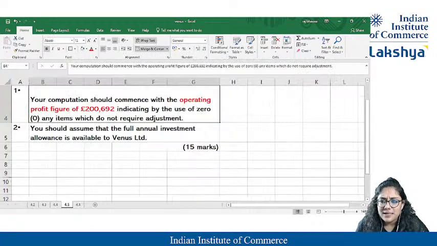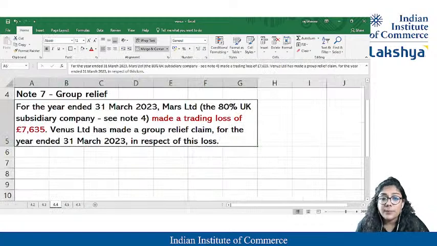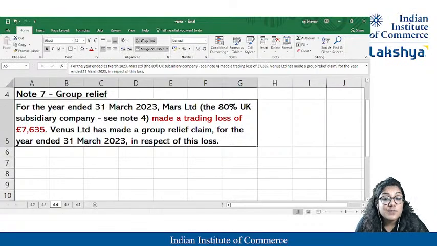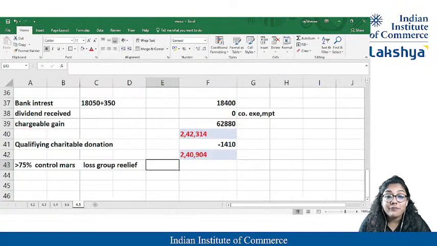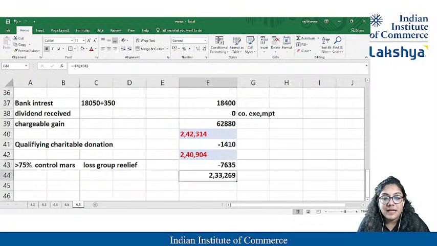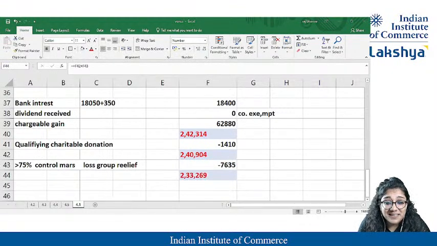Students, if you remember the last note, the seventh one, group relief: Mars was making a loss of 7,635. Can I reduce it? Obviously we can reduce 7,635. If I reduce it, am I getting 233?